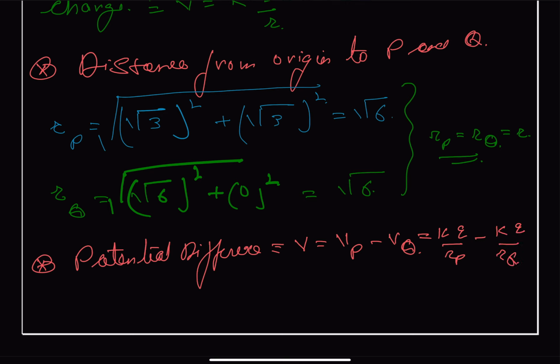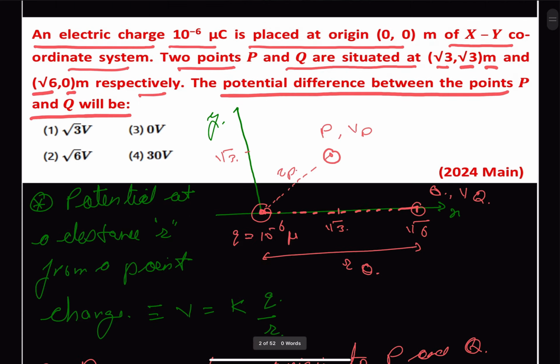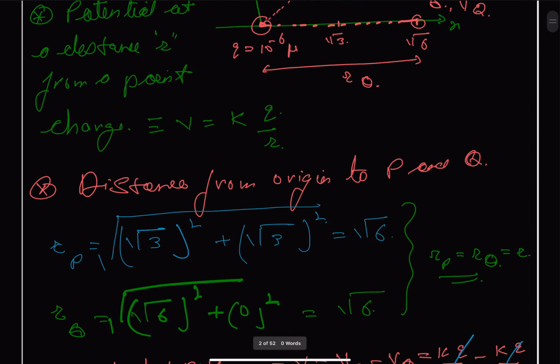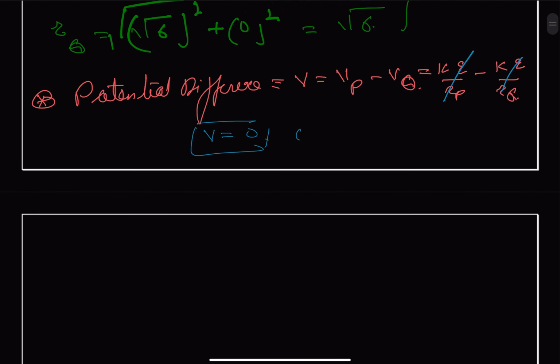Here Rp and Rq are equal, therefore both terms cancel out and we get the potential difference equal to 0. So option number 3 is the correct one. Option 3 is correct. Next question.